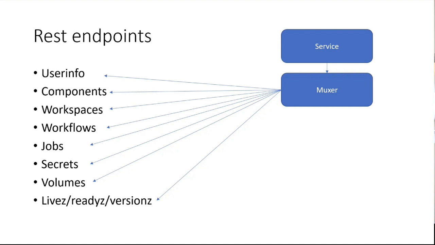So, are you familiar with HTTP and the muxing in Golang? Yes. Super. Okay, then this will not be so difficult. The idea is that we have a service and you get some requests, and then we have a muxer that looks at the request. What path are we looking at? And then our system. So these are the groups of endpoints that we have.